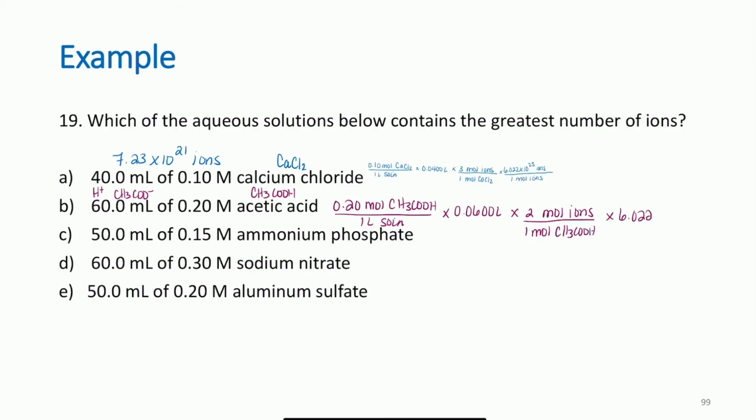And Avogadro's number, 6.022 times 10 to the 23rd ions per 1 mole of ions. And I didn't calculate this one out. So 0.2 times 0.06 times 2 times 6.022 times 10 to the 23rd gives me 1.44 times 10 to the 22nd ions.